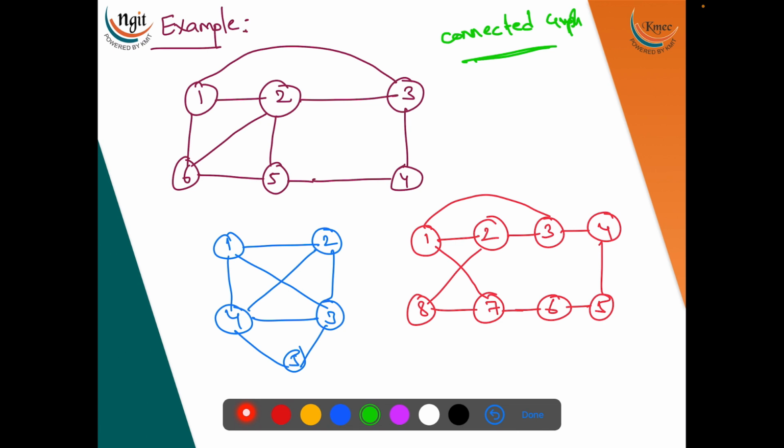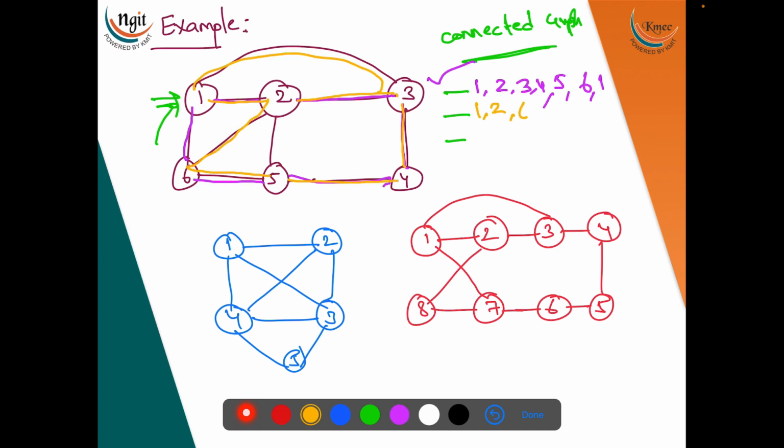What we learned from the previous slide is visiting all the vertices one time, and where you started, there only you have to end. Keeping in mind the definition of Hamiltonian cycle, let's write the possible Hamiltonian cycles. 1, 2, 6, 5, 4, 3, 1 is one of the possible paths to generate a Hamiltonian cycle.